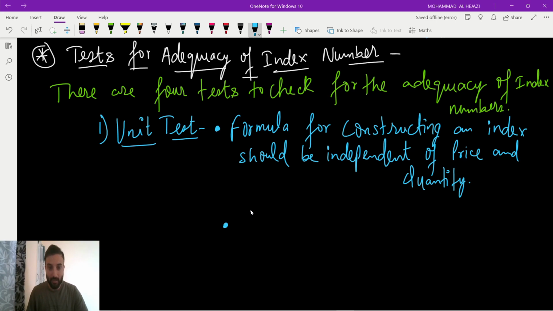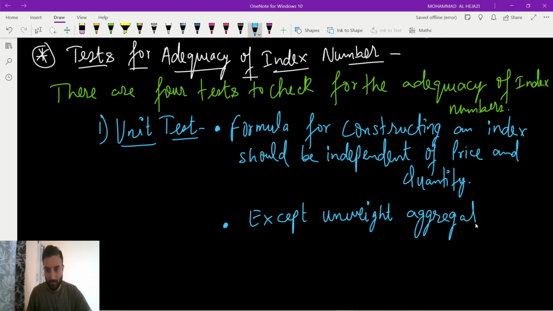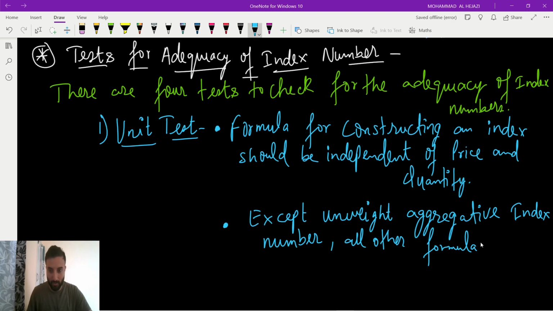Second thing: except unweighted aggregative index number, all other formulas satisfy this test.